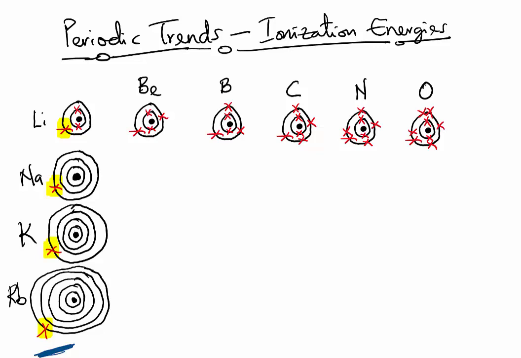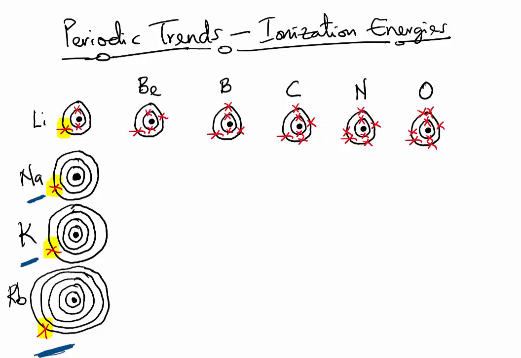So the nuclear pull on the outermost electron in rubidium will not be as strong as the nuclear pull on the outermost electron in potassium, which means that as we go down the periodic table, the amount of energy we need to put in to take one electron away from the element will be smaller.